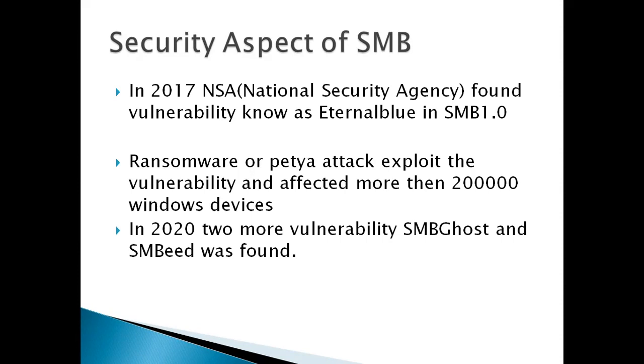In 2020, two more vulnerabilities were found in SMB. One was named SMBGhost and the other SMBleed. These two vulnerabilities could provide hackers with remote code execution privileges to run any command on a target device or network.